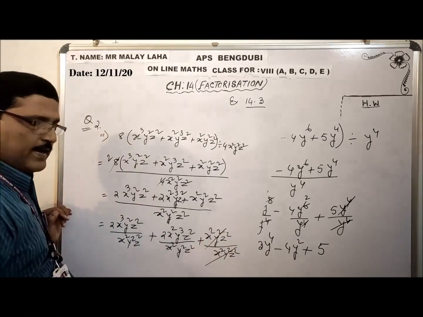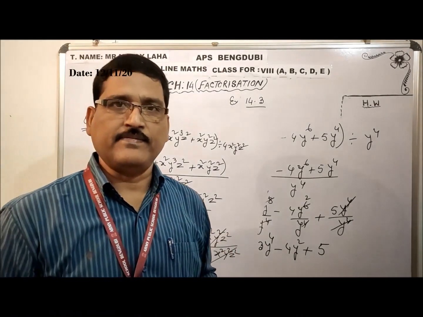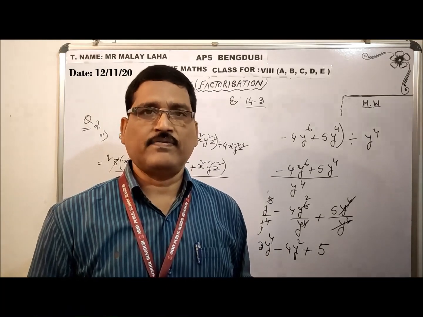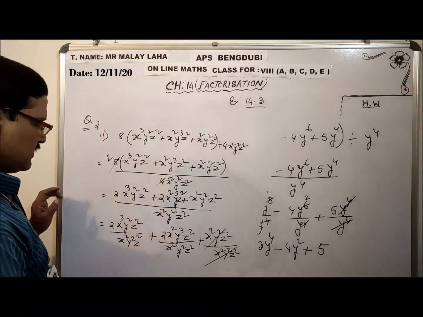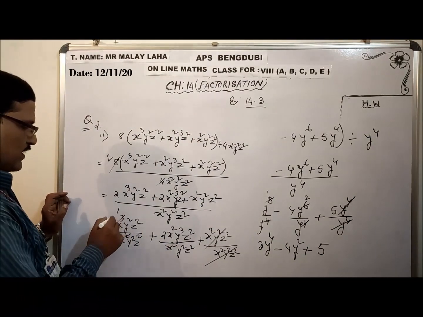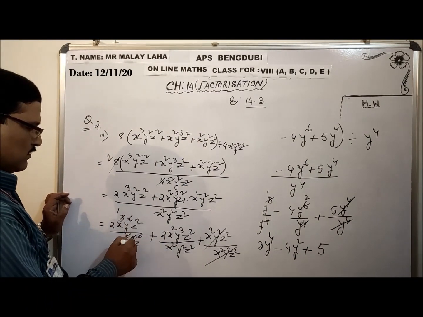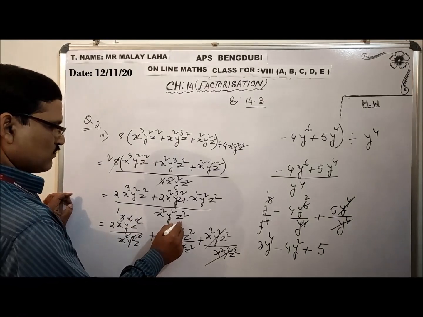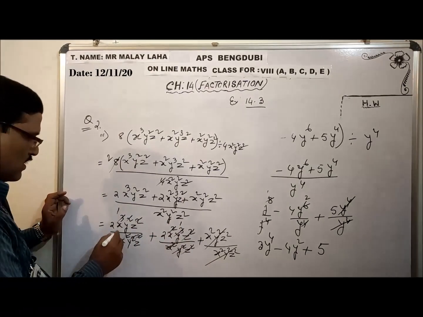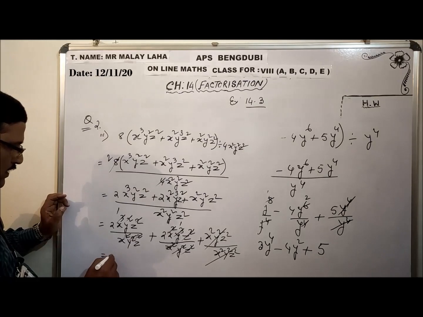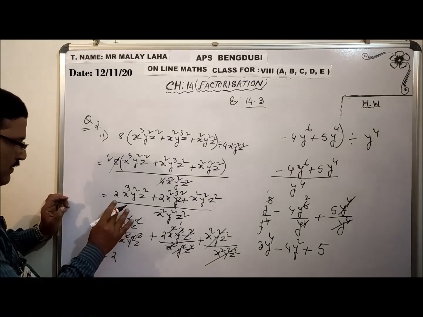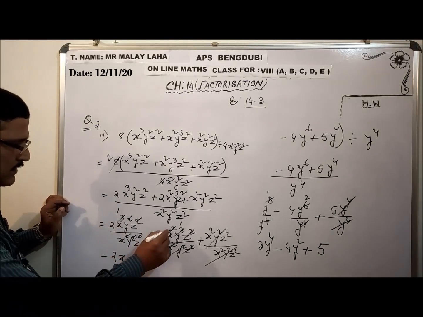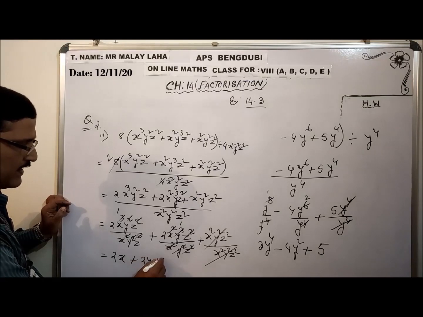When any term is divided by itself, the answer is 1. So here x square cut, y square cut, z square cut, what is left out? 2x plus 2y plus 1.